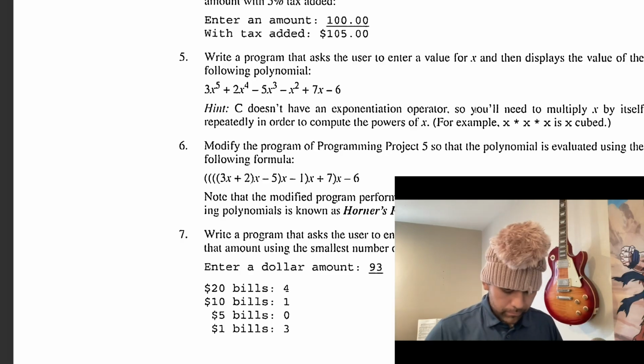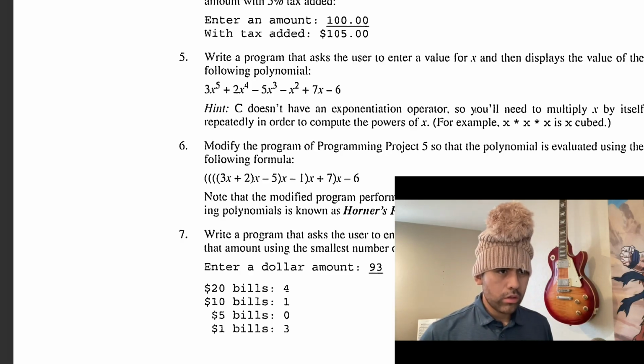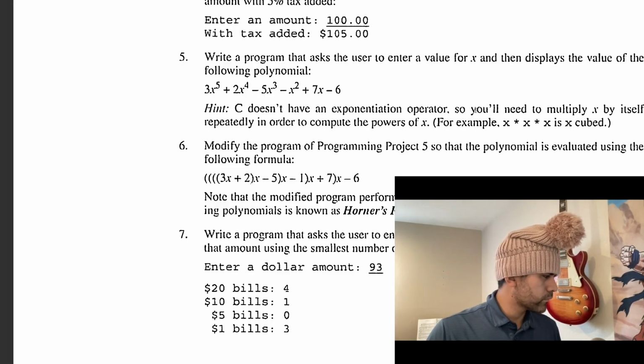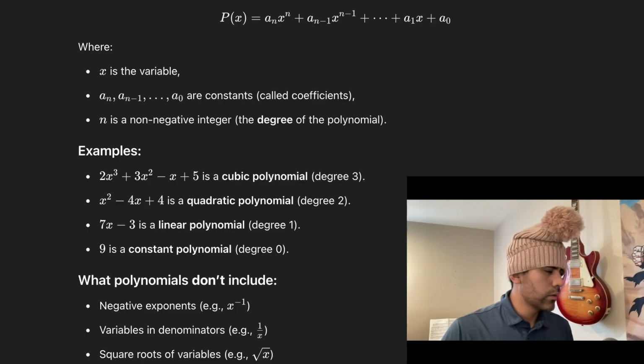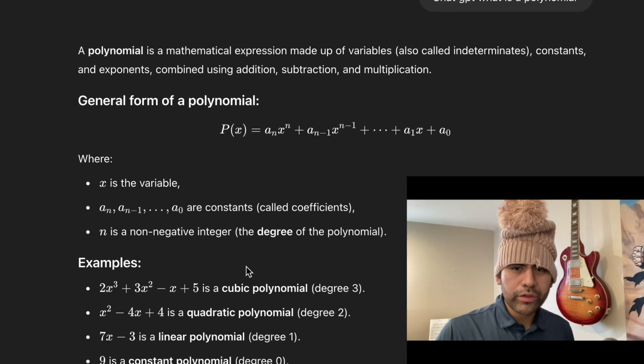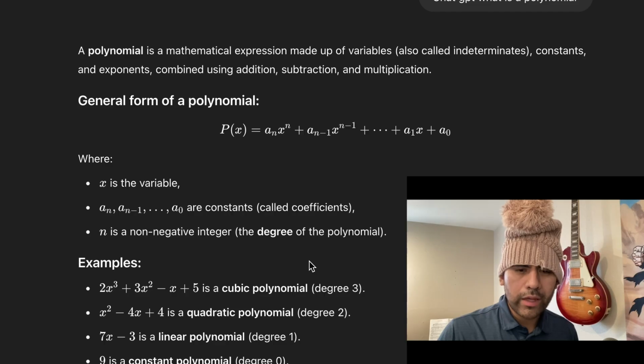Yay! Okay. Print. Now we're gonna prompt the user to give us printf. And what did ChatGPT call it again? I forgot. ChatGPT called it a polynomial is a mathematical expression of variables with constants and exponents. X as a variable.